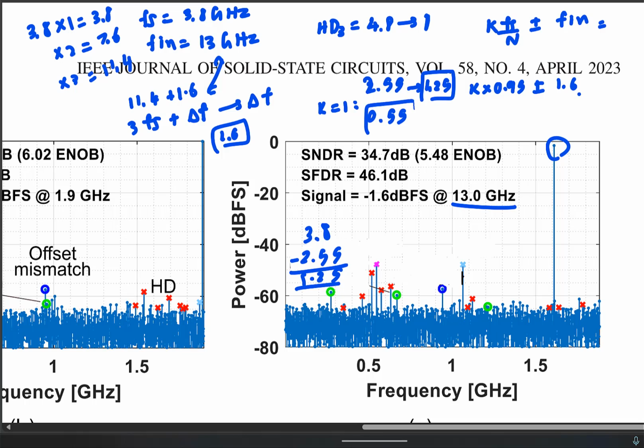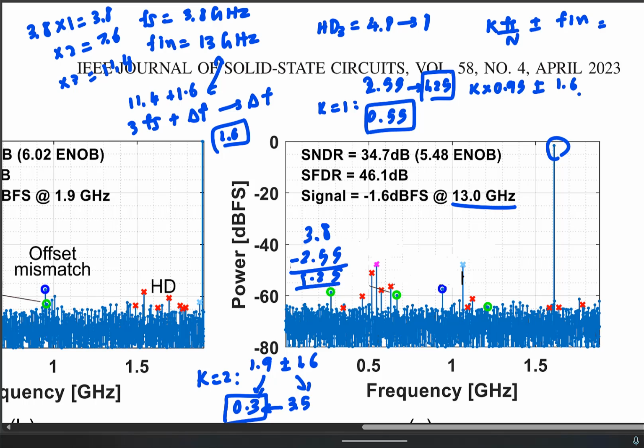So we'll have these tones. Similarly, if I put k as 2, I'll have 1.9 plus or minus 1.6. If it's negative, it will be at 0.3. Positive, 3.5. So where will 3.5 alias to? That will also be there. So finally, you should see at least these tones.